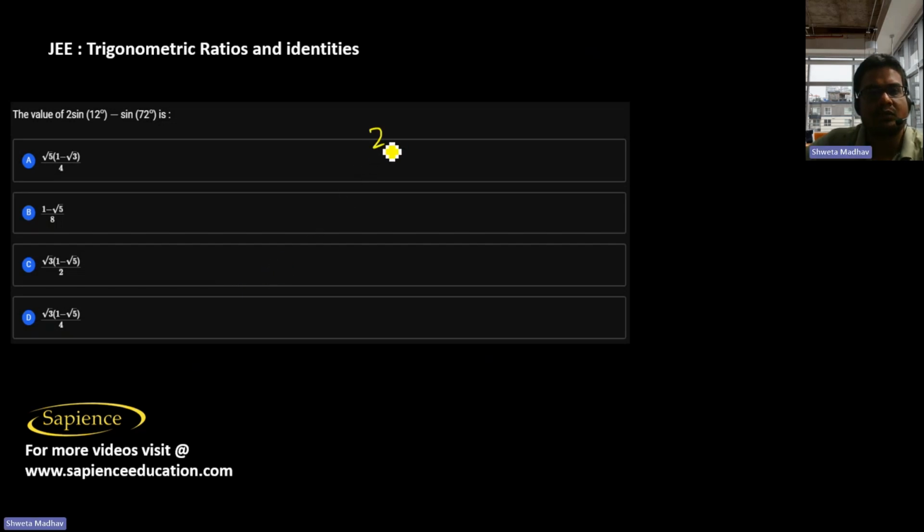Then here it is told 2 sine 12 degree minus sine 72 degree. Now this can be written as sine 12 degree plus sine 12 degree minus sine 72 degree.